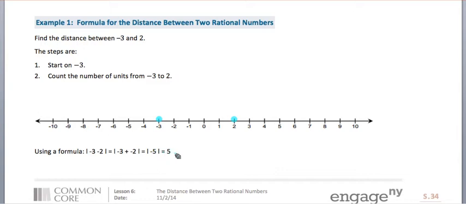We'll do that same thing, switching the order of the numbers just to show that the distance is the same no matter which number you start with.